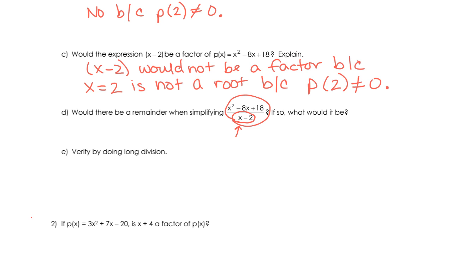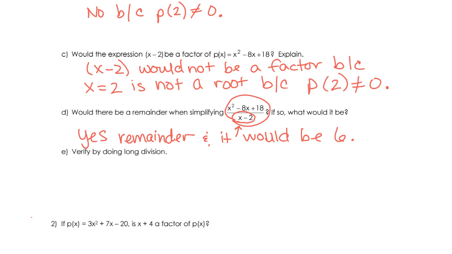And if you remember, when we plugged 2 in part A, we got out a 6. So we don't have the point (2, 0) on our graph, but we do have the point (2, 6). And so, yes, there's going to be a remainder, and it would be 6.